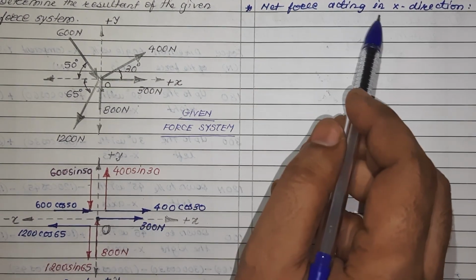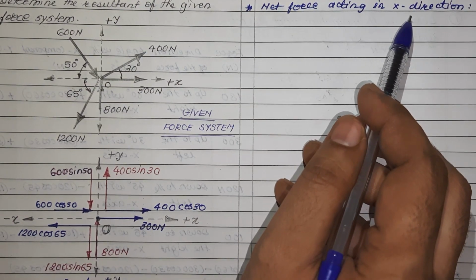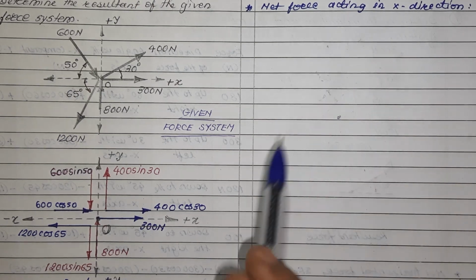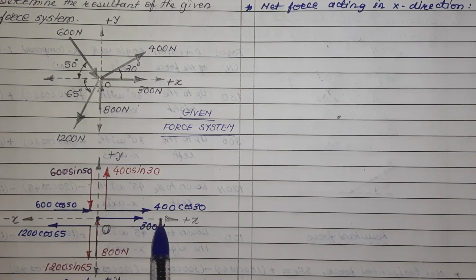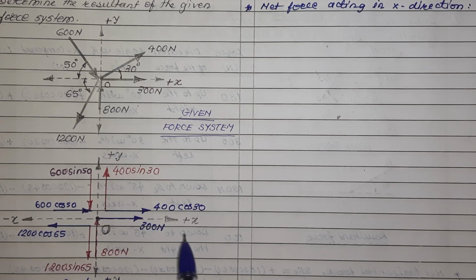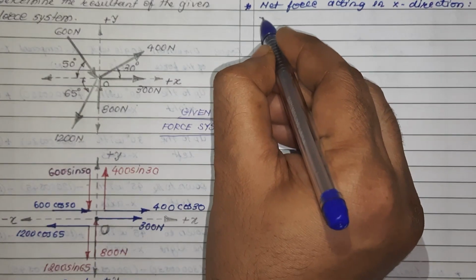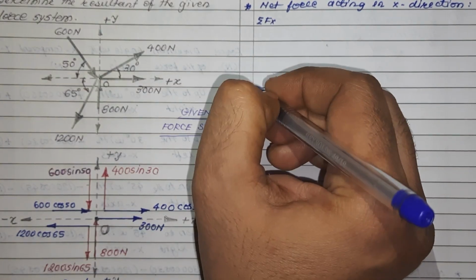Net force acting in x direction. So what is the magnitude and direction of unbalanced force that will be acting in x direction? That we are going to find out. Here, sigma Fx.